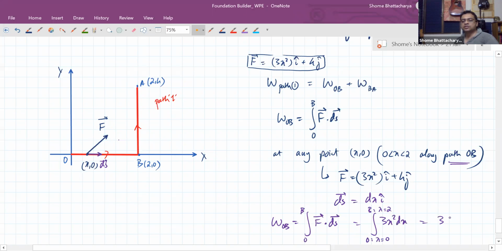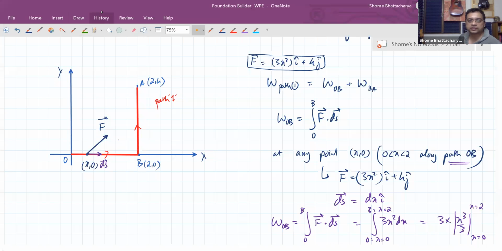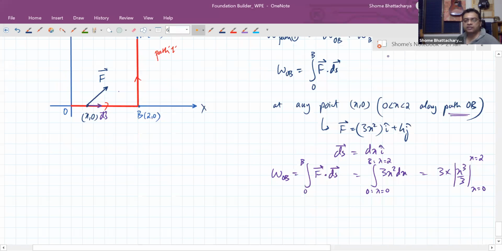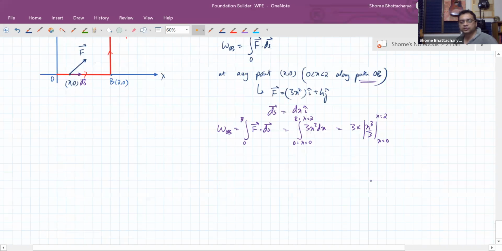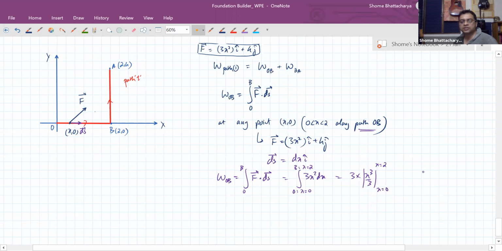So this becomes 3 into x³ by 3, from x equal to 0 lower limit to x equal to 2 upper limit, a definite integration. This gives the work done in the first part of the journey, along the x-axis. This comes out to be 8 joules. This is the work done from O to B.